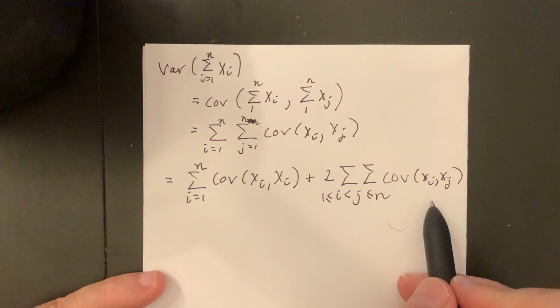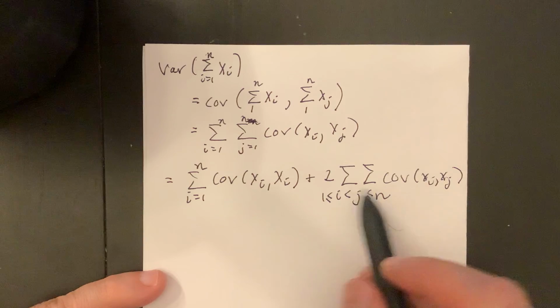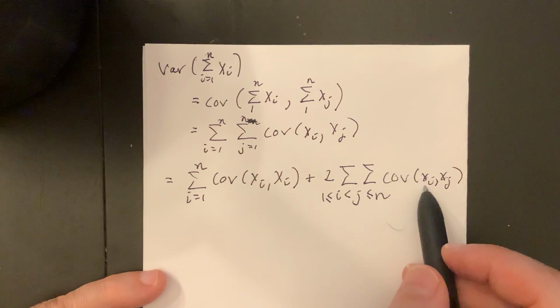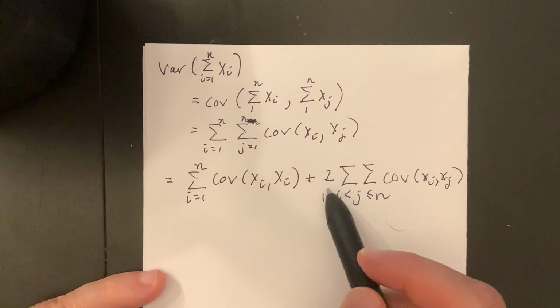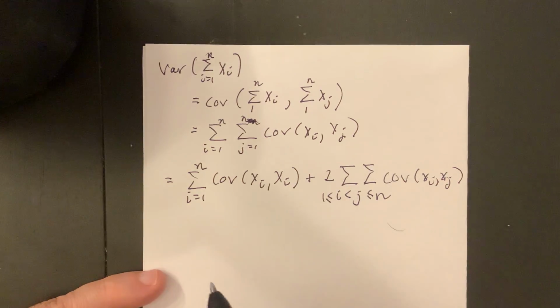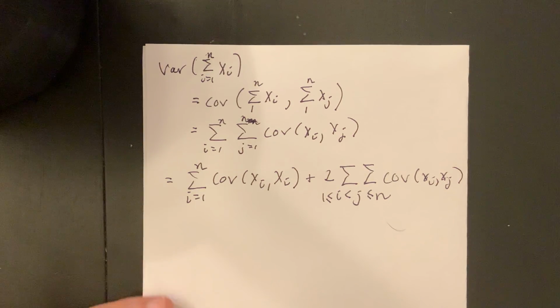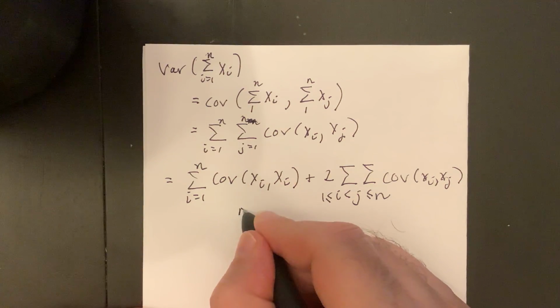This will be n times n minus 1 terms, I believe. n choices for the first, and minus 1 for the second, and then times 2. So this is right. All right, so this is n terms here.